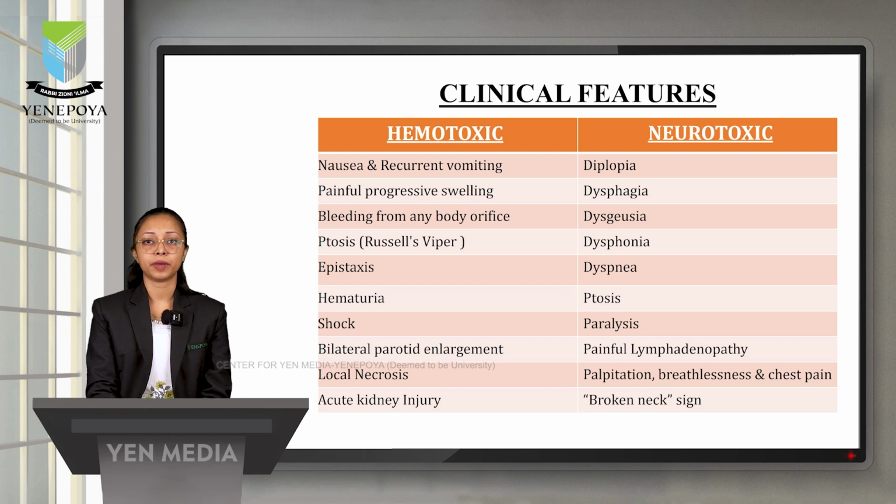Along with that, painful lymphadenopathy, palpitation, breathlessness and chest pain. And last but not least is broken neck sign, when paralysis of the flexor muscles of the neck happens and it can result in respiratory failure and lastly death also.